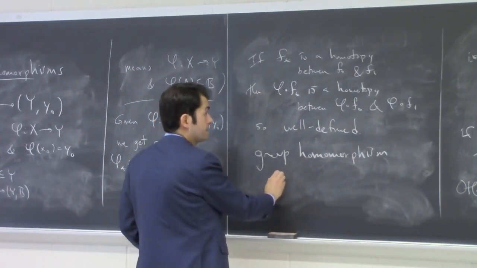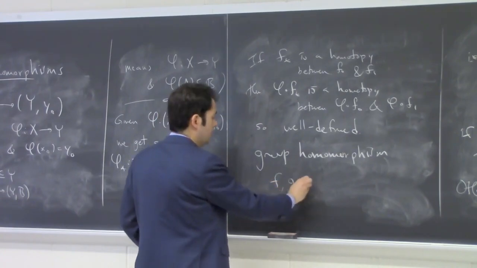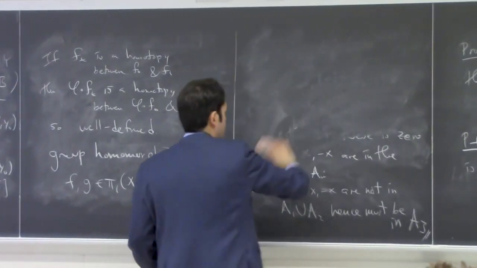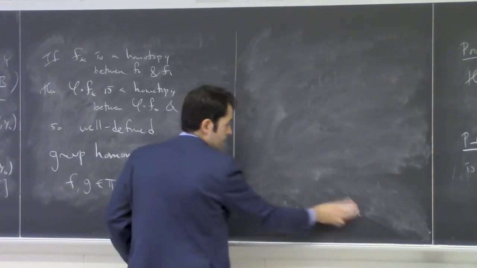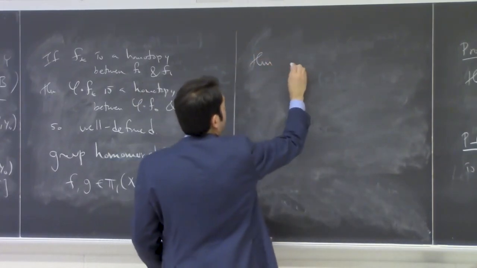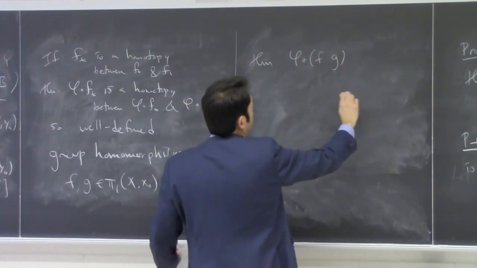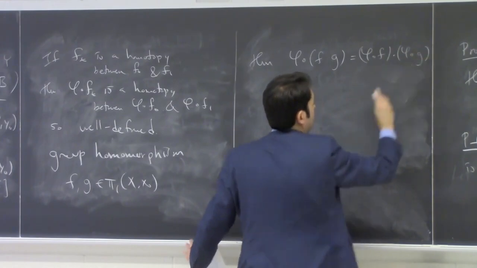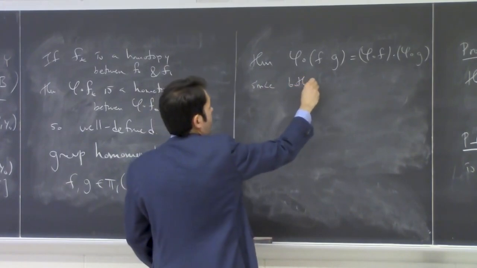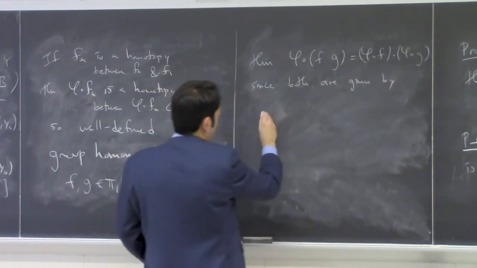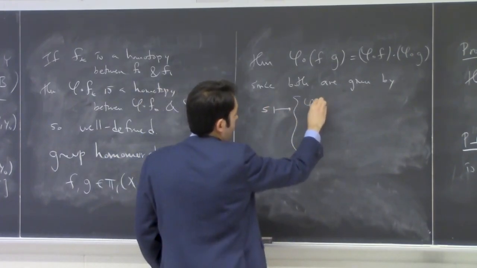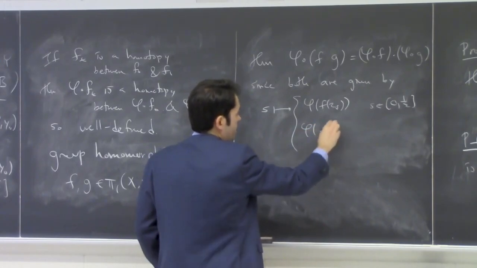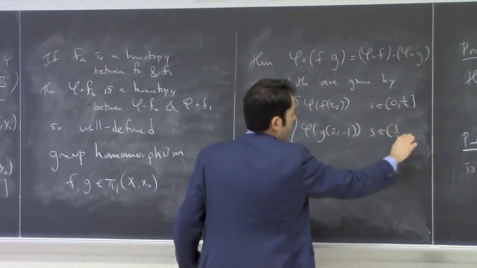So if f and g are both elements here, then phi composed with the concatenation is equal to the concatenation of the compositions, since both are given by the map that sends s to phi of f of 2s if s is in [0, 1/2], and phi of g of 2s minus 1 if s is in [1/2, 1].